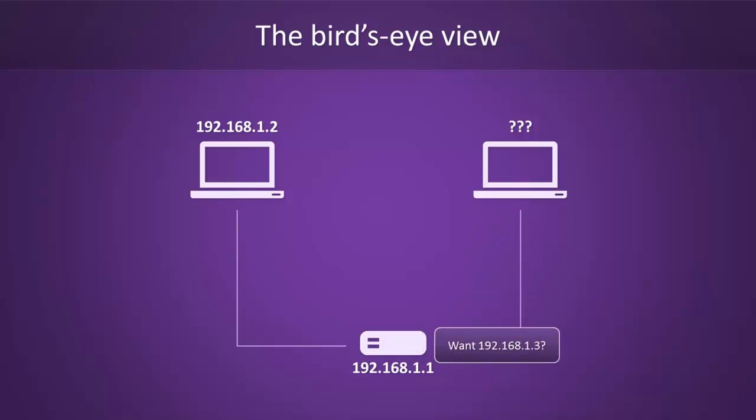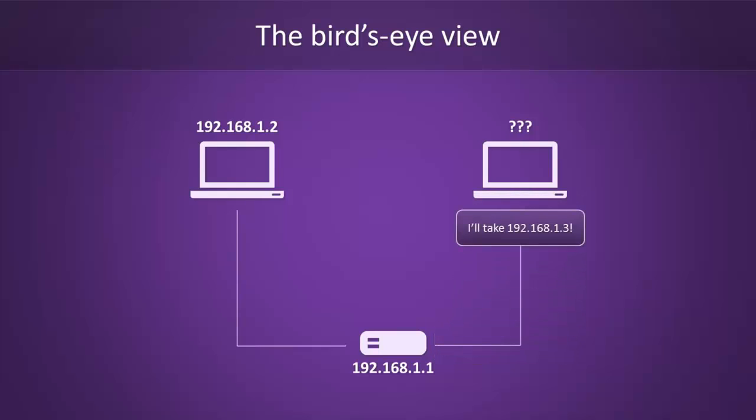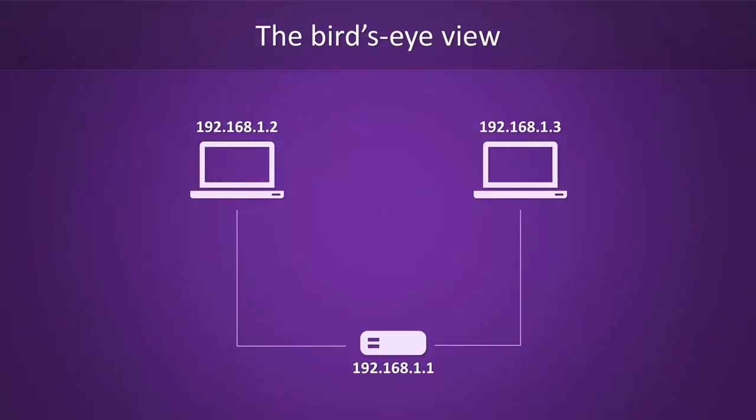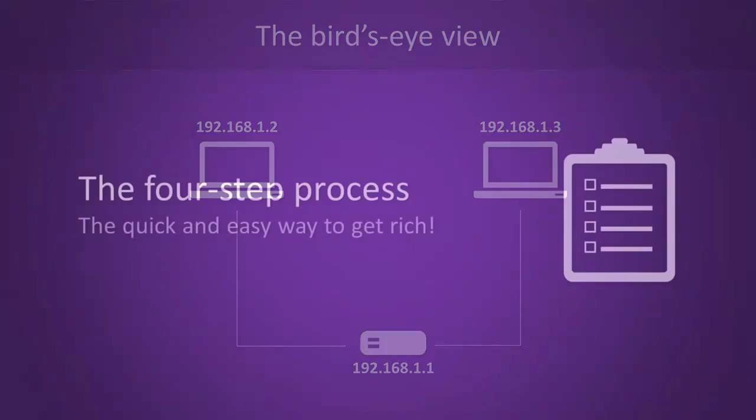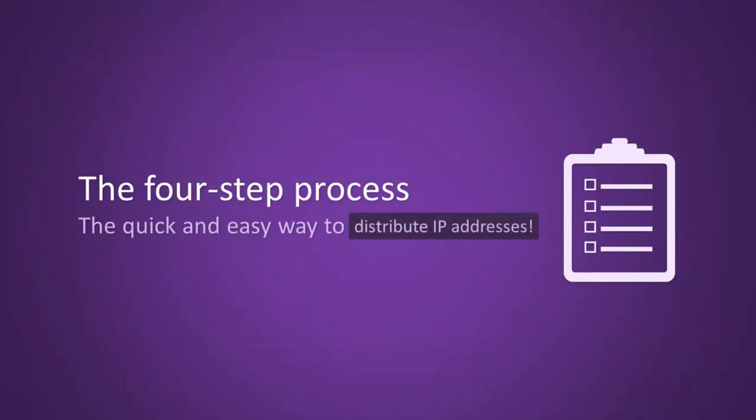The router will respond to this request with an offer. The new host will accept the offer, and finally the router will confirm that the IP address is now assigned to the host. From this point forward, it is known as 192.168.1.3.